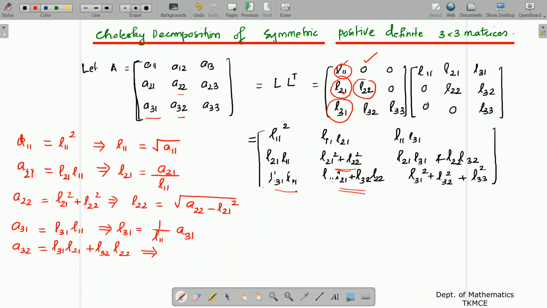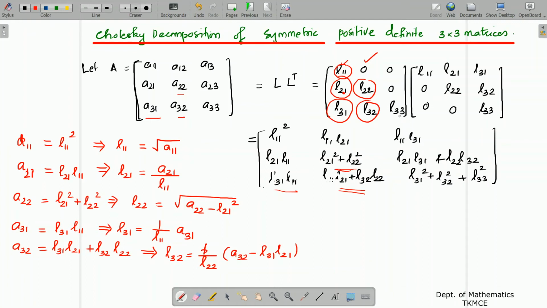So all the terms except L32 are known. So L32 is equal to 1 by L22 into A32 minus L31 into L21, and that is L32. So we obtain L32 also.